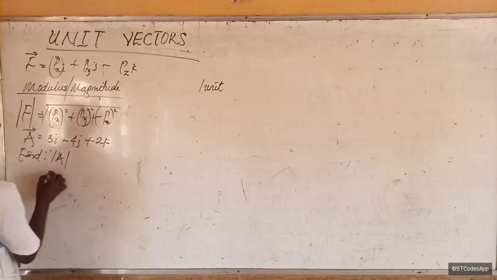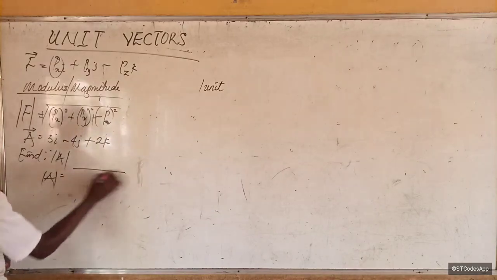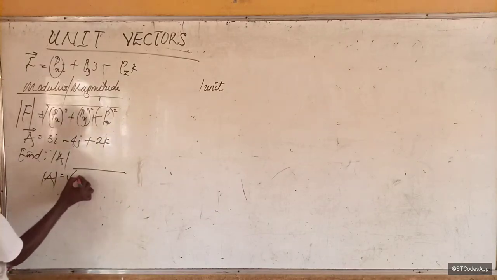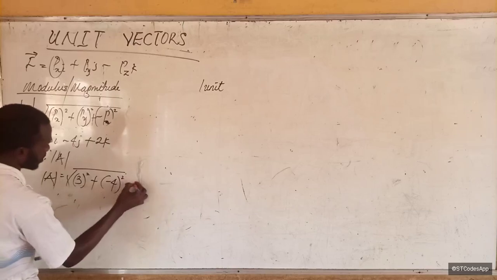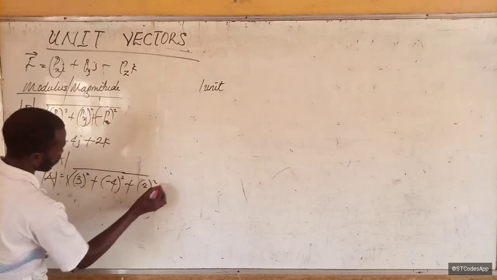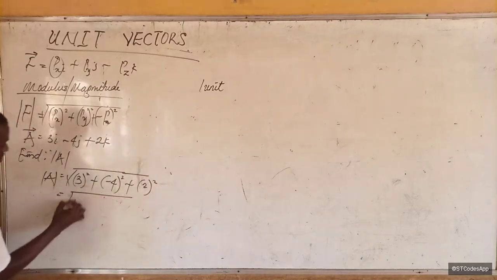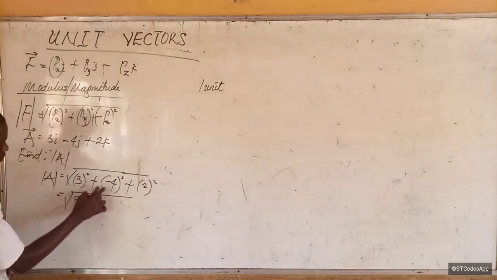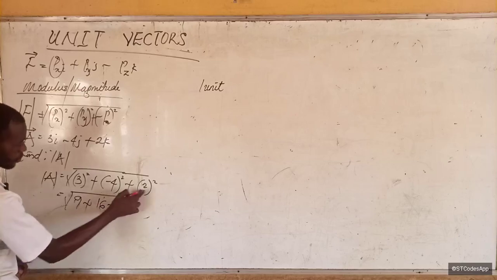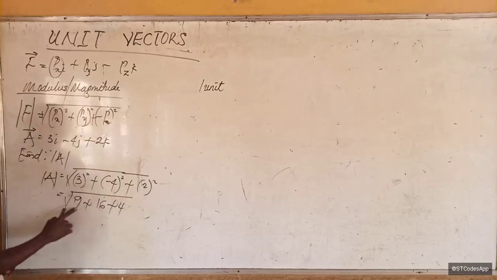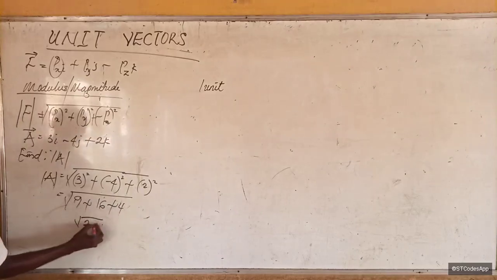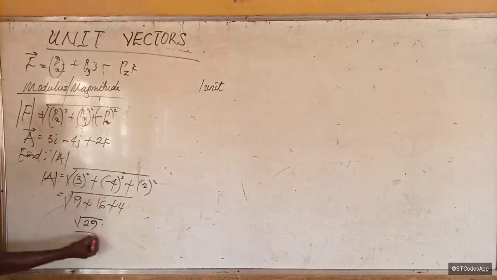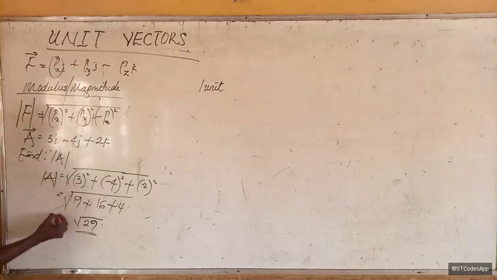So what you do is you say the modulus will be equal to the square root of 3 squared plus minus 4 squared plus 2 squared, right? That is 9 plus 16 plus 4. This plus this is 25, plus 4 is 29, so the square root of 29 essentially, and that will be the modulus of A, or the magnitude of A.